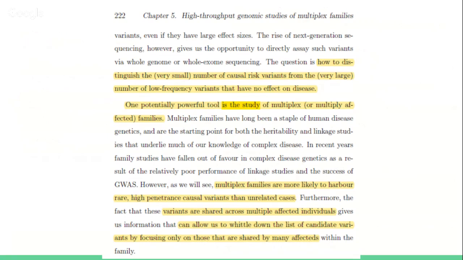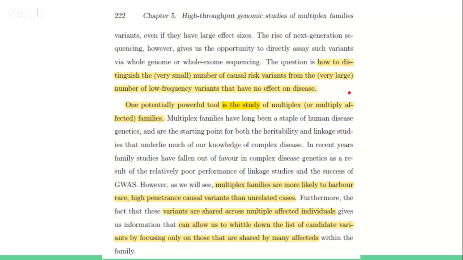This is reminiscent of what we discussed earlier in this cast about causal risk variants, and the differentiation between a very small number of causal risk variants and the very large number of low frequency variants that have no effect on disease.